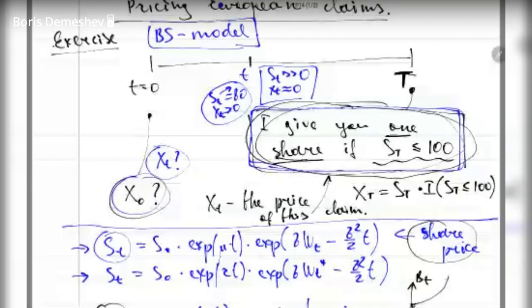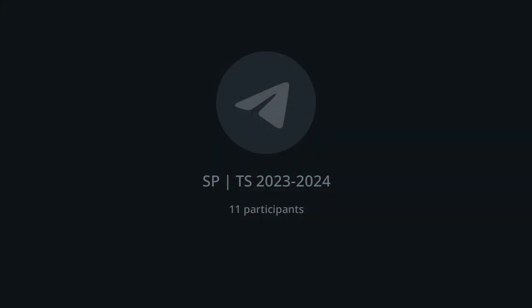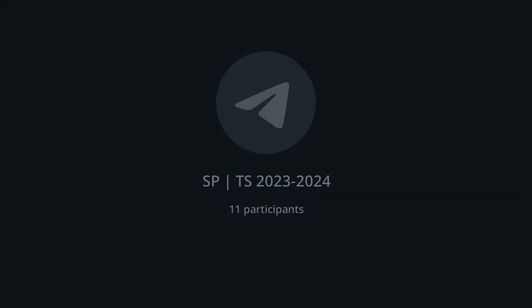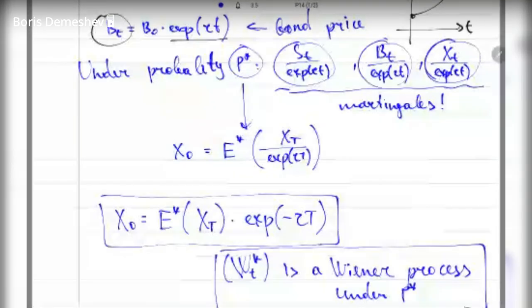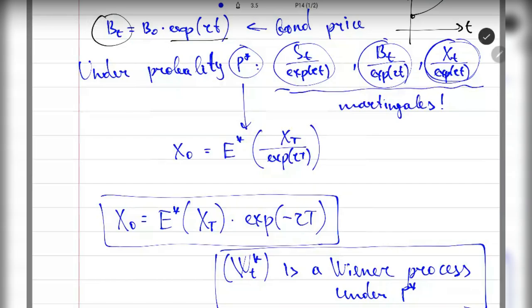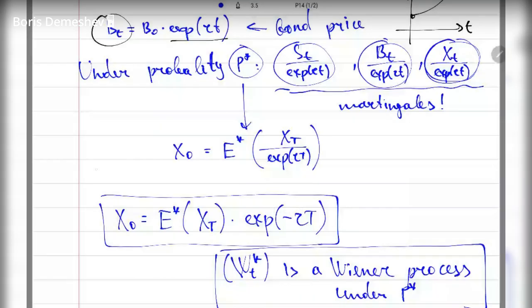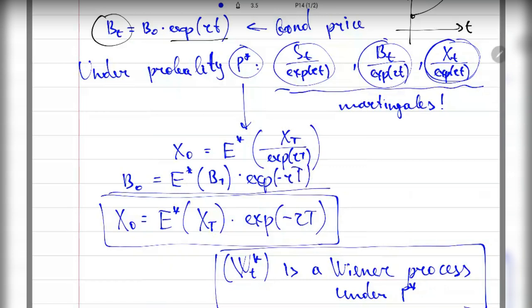The important thing is to understand that we have three assets: the share price, the bond price, and the price of this tranche of my promise. And under probability measure P, all three discounted prices are martingales. And it is possible to say that B0 is the expected value of BT multiplied by exponent minus RT, but this is trivial because if you divide BT by exponent RT, you will get B0.